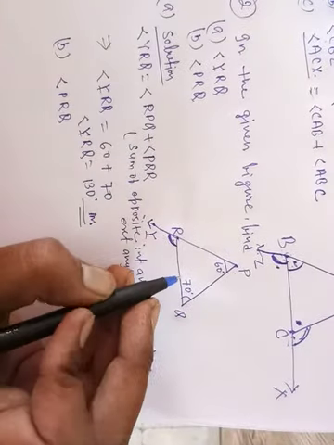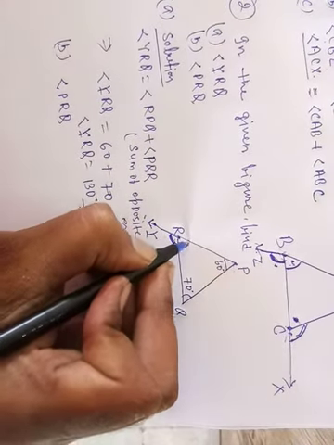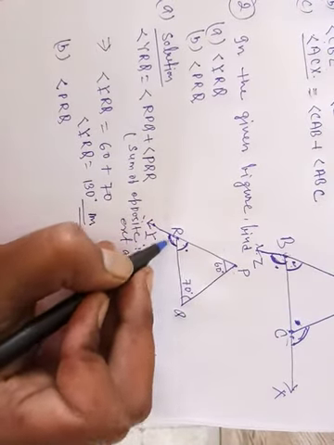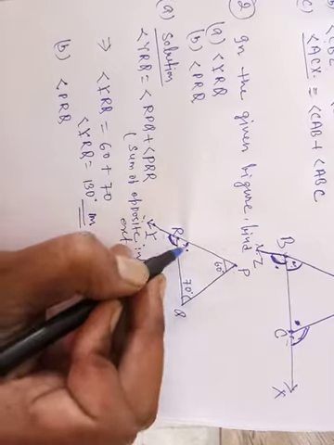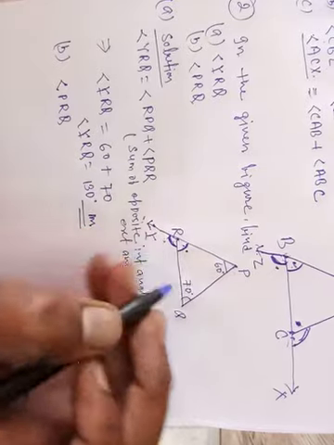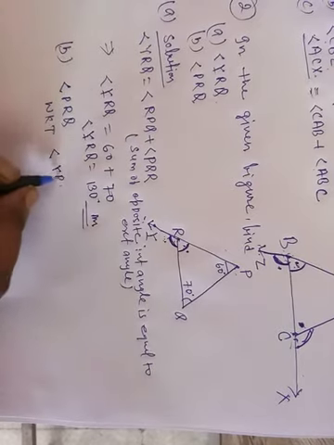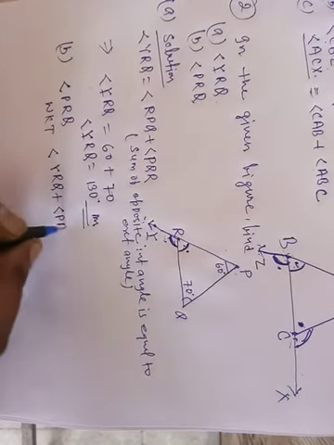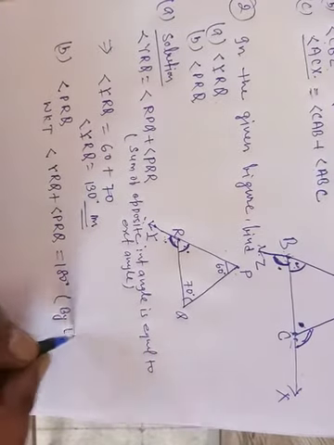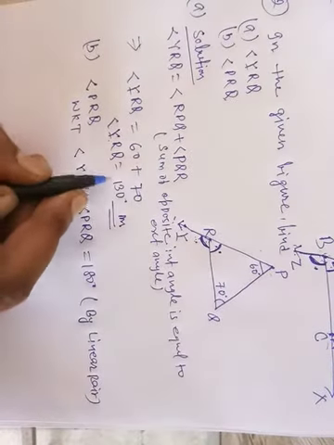See where angle PRQ is in the figure. You have to find this angle PRQ. We know that the sum of these two angles makes a linear pair, and the sum of a linear pair is 180 degrees.